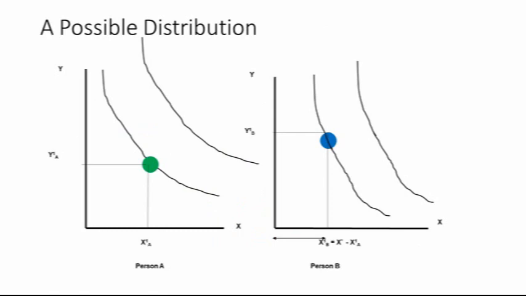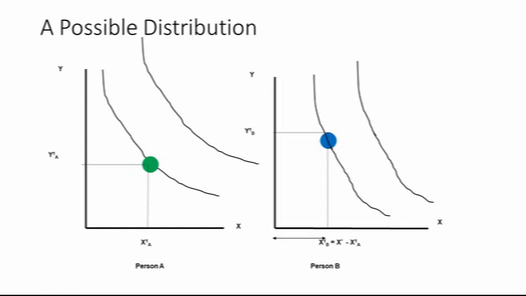Similarly, whatever amount that person A has, say X1A, person B must have whatever's left over, or XT minus X1A, and that will be represented by X1B. And that will also be true for good Y. So whatever person A has, Y1A, person B just has what's left over, and we know that the two amounts add up to the total.